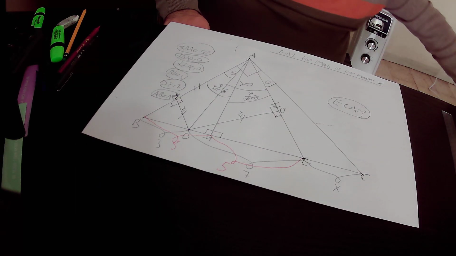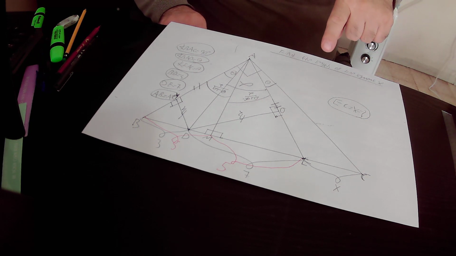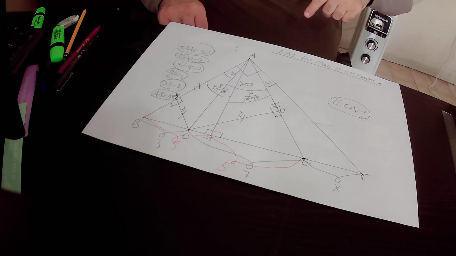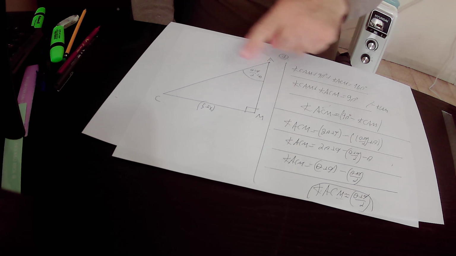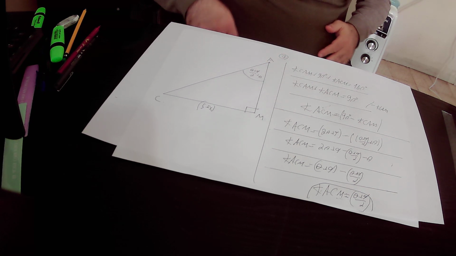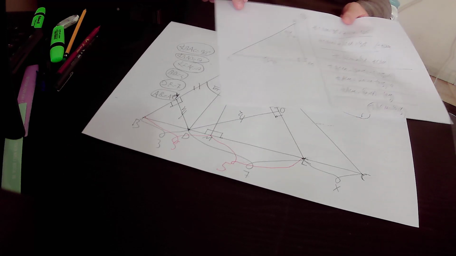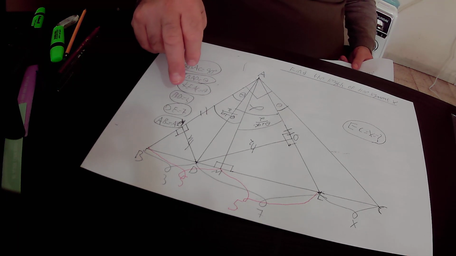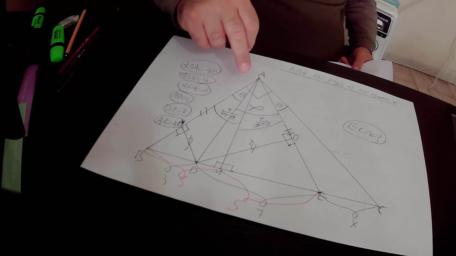Then we created equation number 2. We copied the right triangle MAC in the new page, and we analyzed triangle MAC. This is triangle AMC, and what is the value of angle CAM?